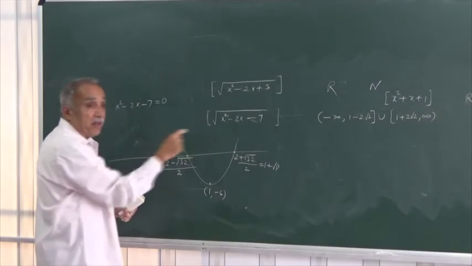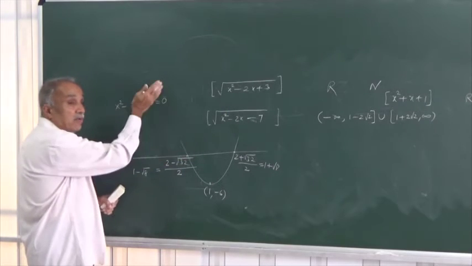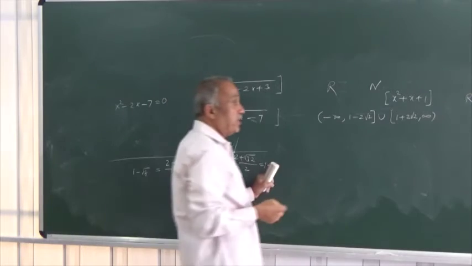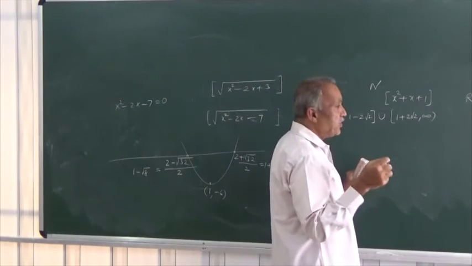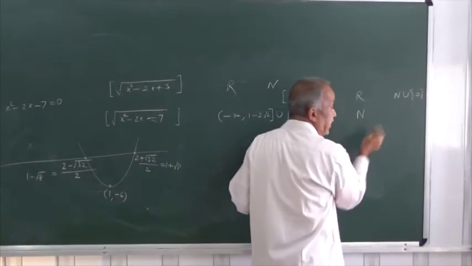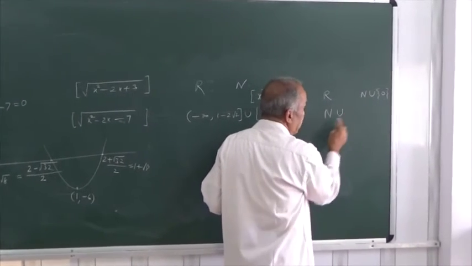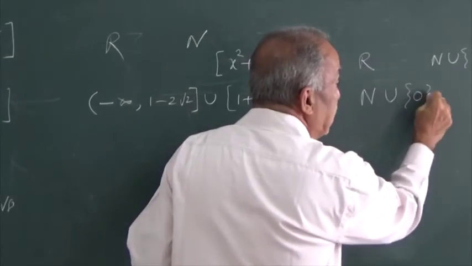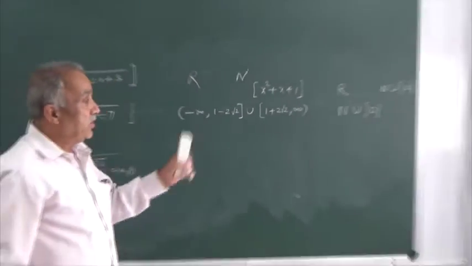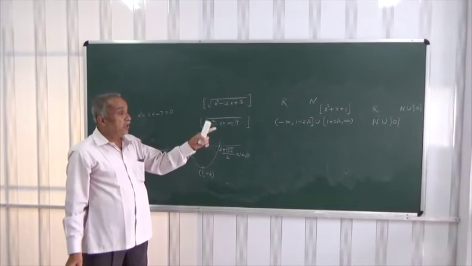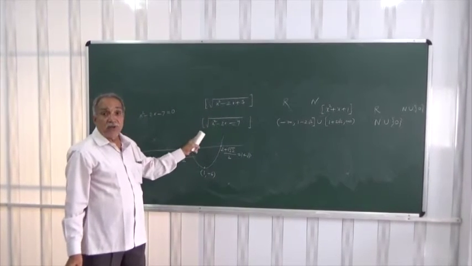Therefore, the integer part takes all integral values from 0 to infinity, including 0. What is that set? Integers 0, 1, 2, 3, and so on, or I may describe it as the set of all natural numbers together with the integer 0, which is neither positive nor negative. N union 0 will be the range for this new function.